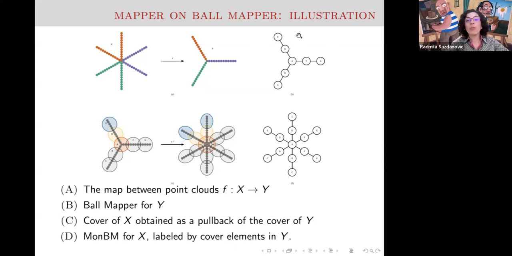Then I'm going to pull back that ball mapper graph as a cover to get a covering on X. And then I'm going to use that cover, which is adaptive to the function, to construct a mapper graph on X. Here I just wanted to illustrate that if you pull back this cluster, it pulls back to 2. Yellow again pulls back to 2, but the central orange cluster actually stays central. So there's a fiber type thing going on there.